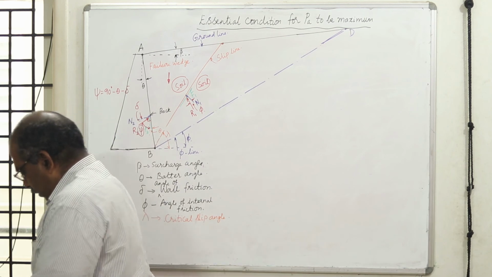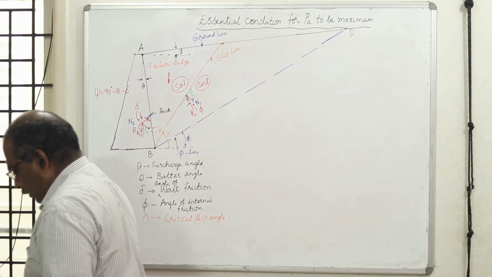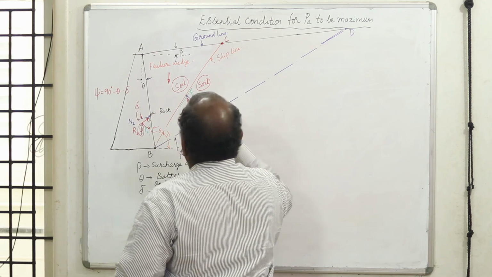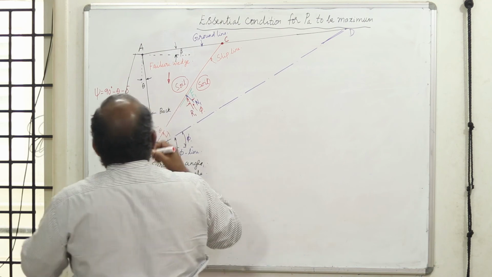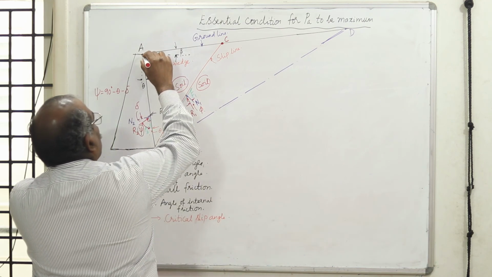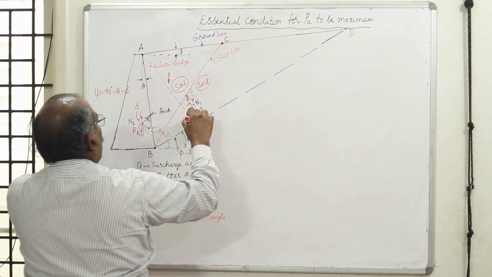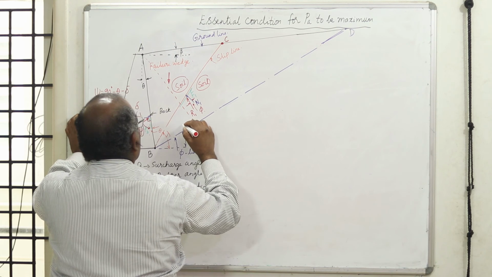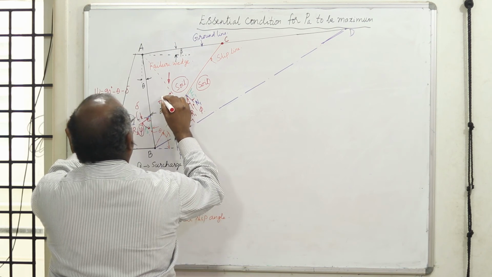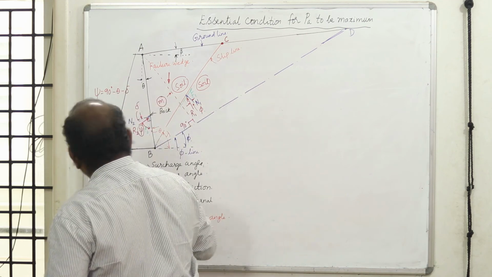Now we need to make some construction. Let us call this C. From A, let us draw a perpendicular to line AE, BG. This is 90 degrees. Let us call this distance M. From here also, let us try to draw a vertical.